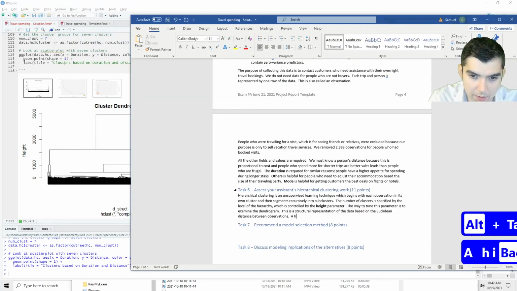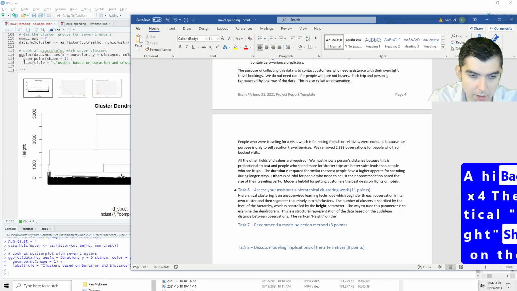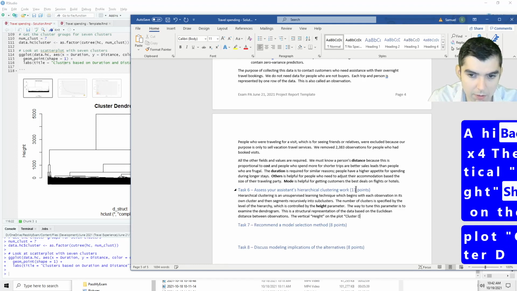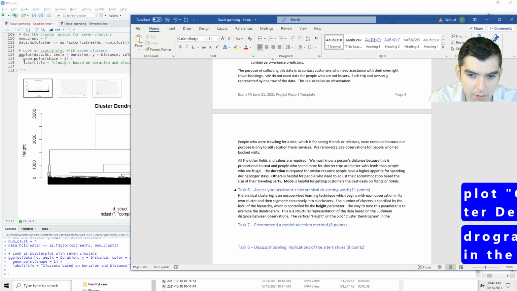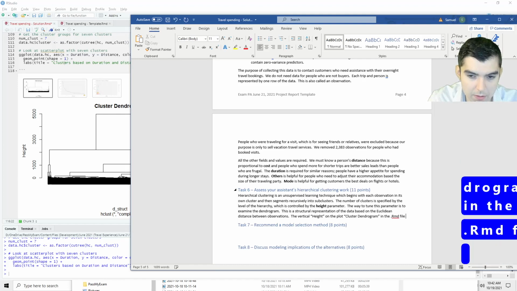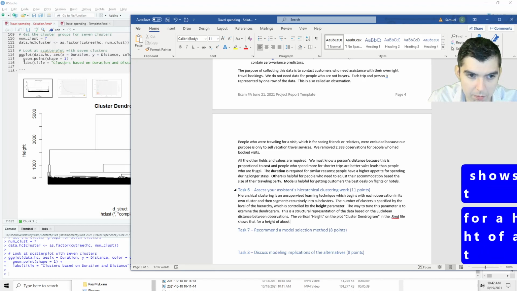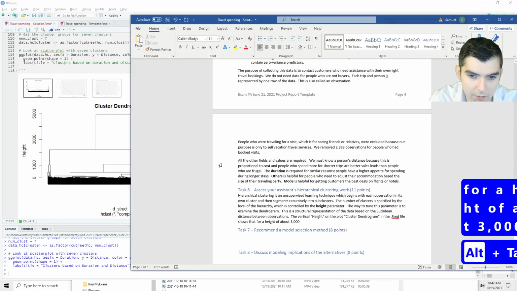A higher vertical height on the plot, the cluster dendrogram in the RMD file, shows that for a height of about 3,000, there are only 2 clusters.